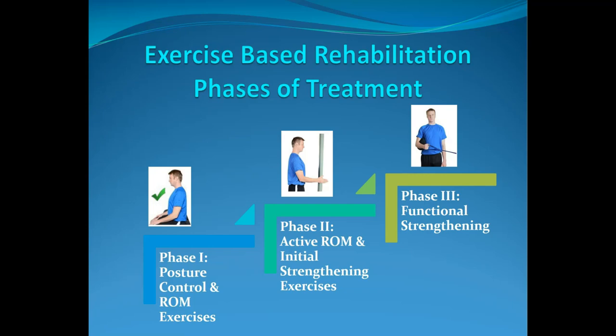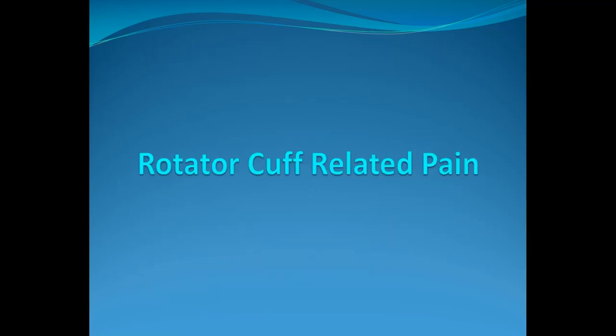After your assessment, you will be provided with a print handout and video link explaining and demonstrating the specific exercises for each of the 3 phases of treatment, along with instructions on when to progress to the next stage. Now that we've discussed pain management and exercise-based rehab for all shoulder conditions, we will now talk about rotator cuff related pain.